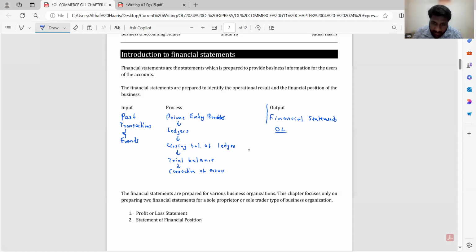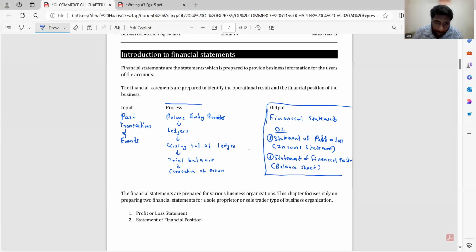O-level financial statements: statement of profit or loss, in other words, income statement, and statement of financial position, balance sheet. And adjustments. Here, correction of errors and adjustments.